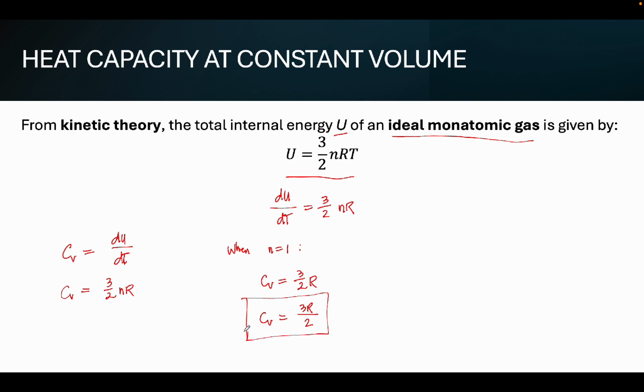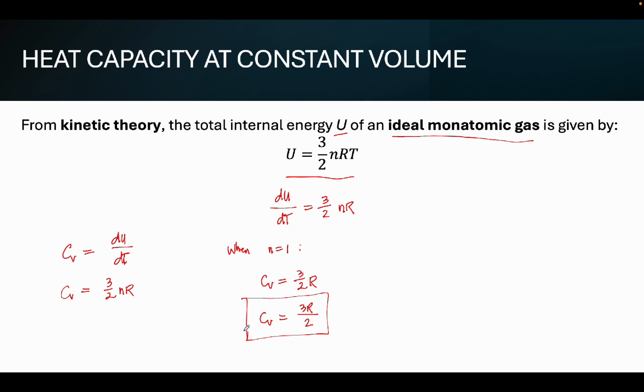We have proven that the heat capacity at constant volume is equal to 3R over 2, or 3 over 2 times R, where R is the universal gas constant, which is equal to 8.314 joules per mole times Kelvin.